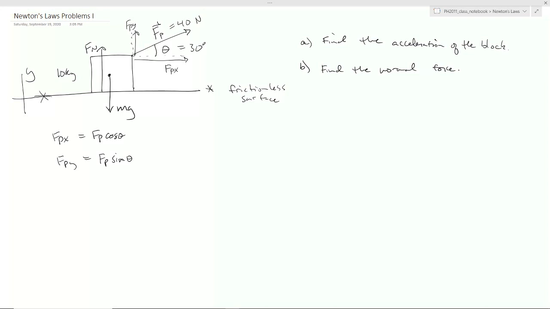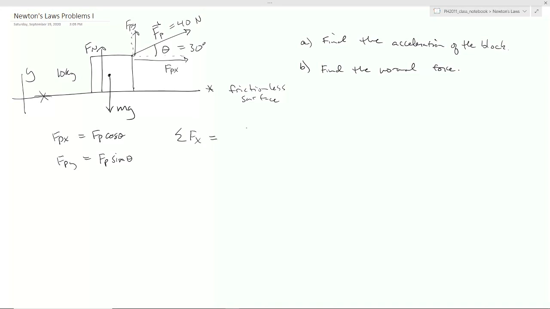So next, let's look at the sum of the forces in x and the sum of the forces in y. Actually, we'll find the acceleration first. So let's look at the sum of the forces in the x direction first for part A. What will we have?